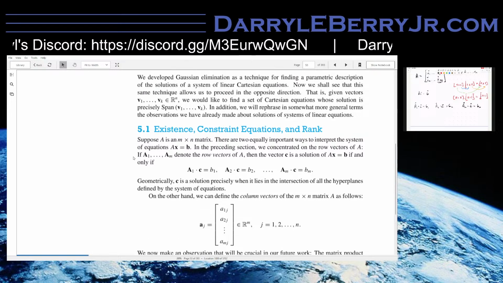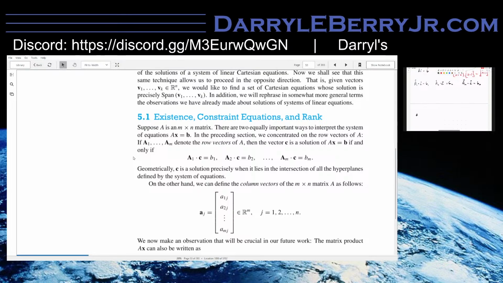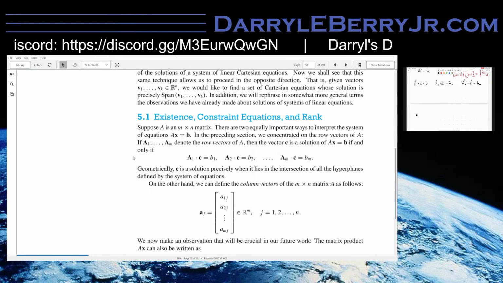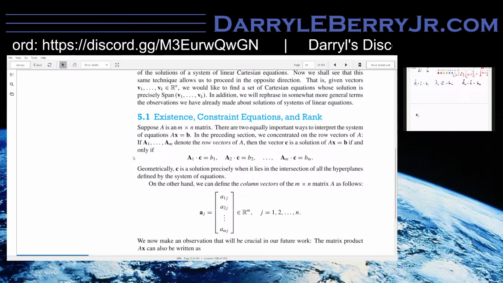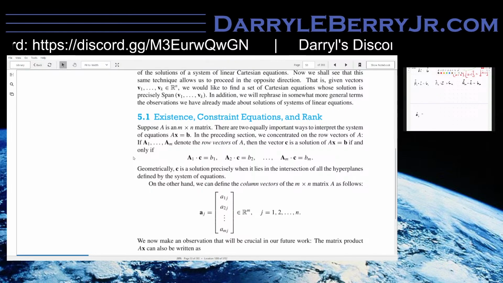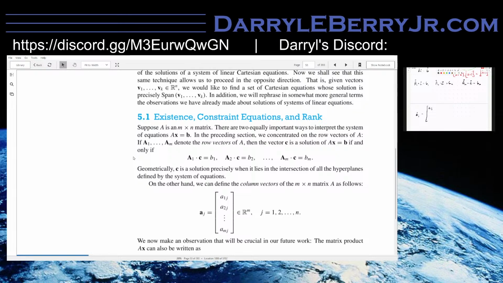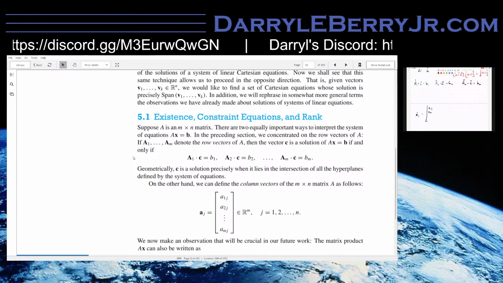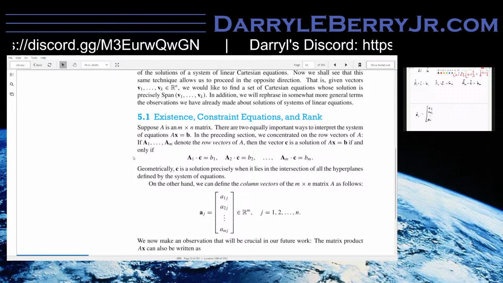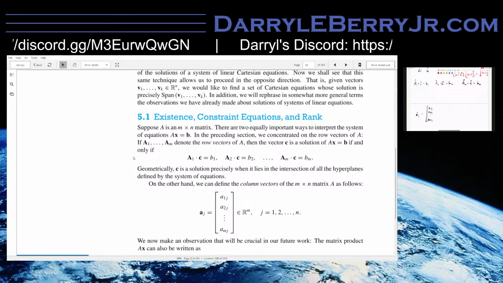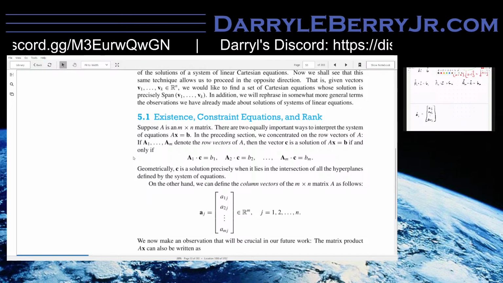Right? So the previous result was the row vectors, and now the column vectors of the same m by n matrix. This would be AJ, a vector. Now, one thing I noticed, and maybe that was a typo, is that this is a column.